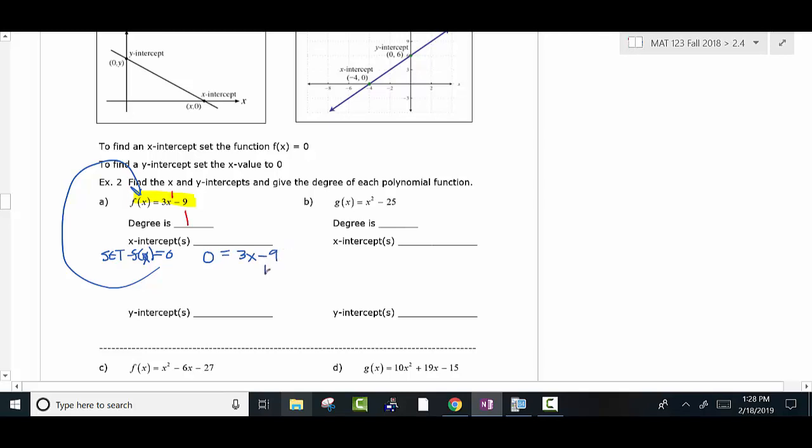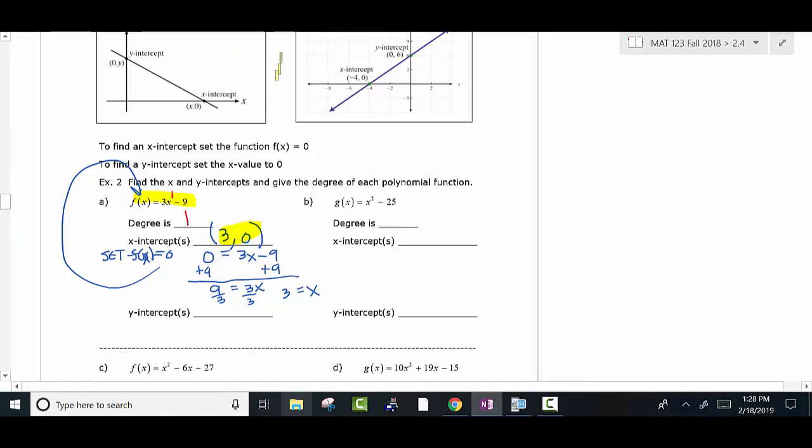This is a real easy equation to solve. You add 9 to both sides, so you'd have 9 equals 3x. Divide by 3, so x equals 3. You would write that x-intercept as 3, 0. y is 0. We found the x value that does that.